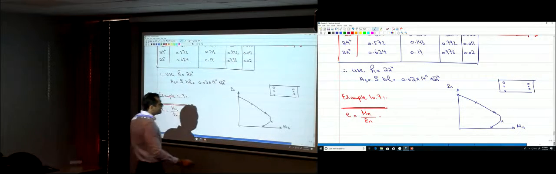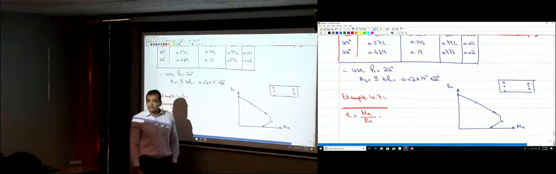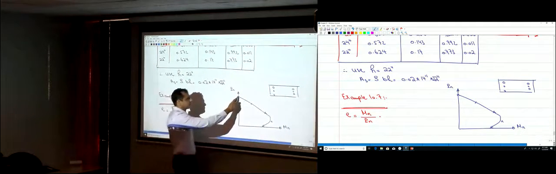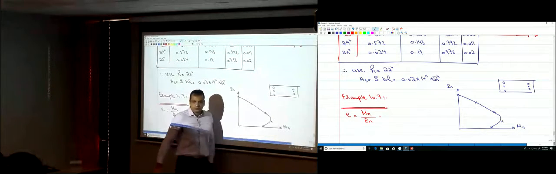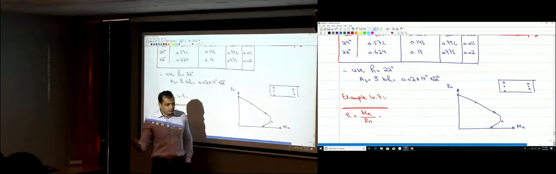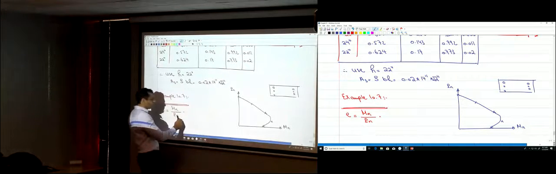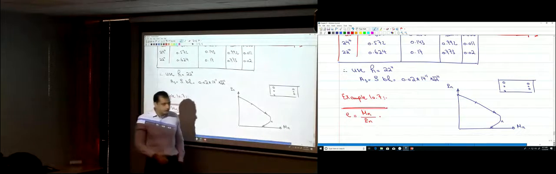You have many points on that curve, and each point has a different eccentricity. What's the eccentricity here? Zero. What's the eccentricity here? Infinity, because the eccentricity is Mn divided by Pn, Pn here is 0, and a number divided by 0 is infinity.